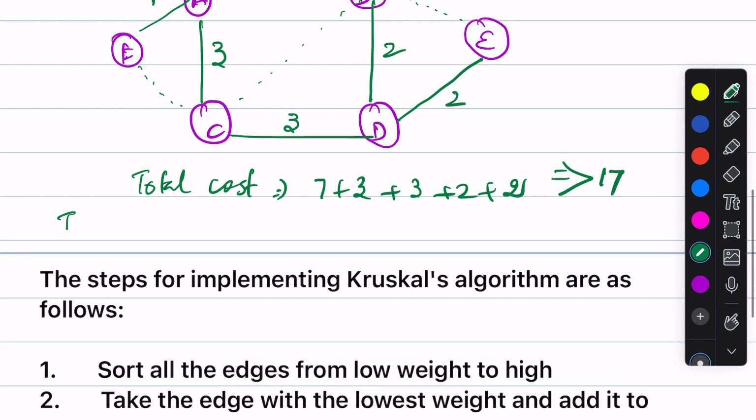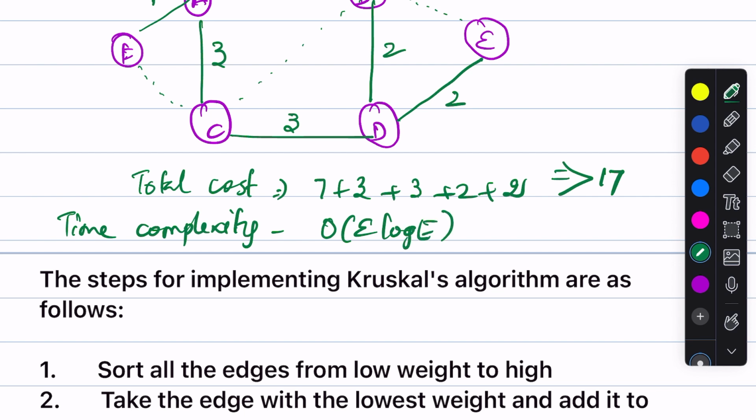E is the number of edges. This complexity is because this algorithm mainly uses the priority queue. We arrange the edges from the lower weight to the higher weight based on the priority queue. The time complexity when we use the priority queue is order of log E.